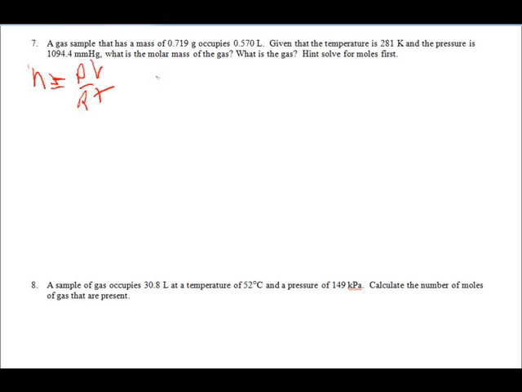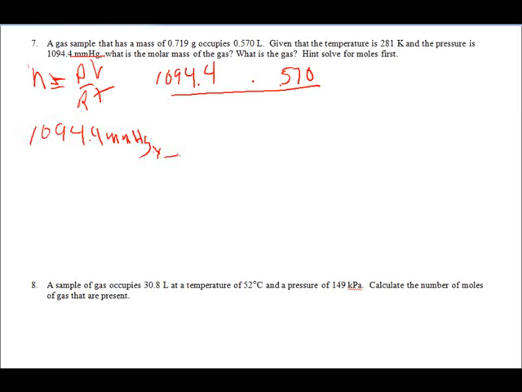My pressure is 1094.4. My volume is 0.570. My R, because this is millimeters of mercury, whoops, I've got to change that. I can't use millimeters of mercury because I don't have an R that matches. What I know is 760 millimeters is 1 atm.